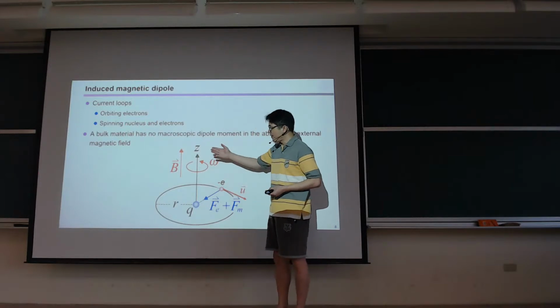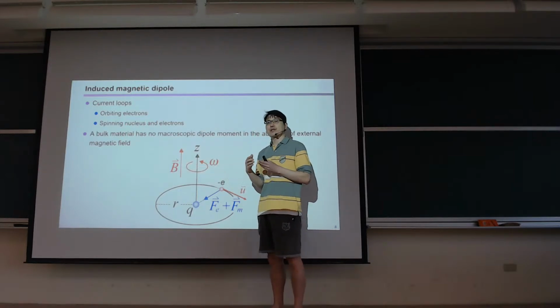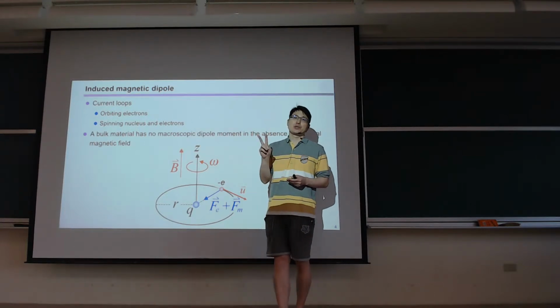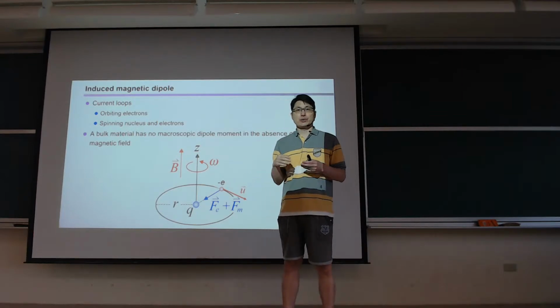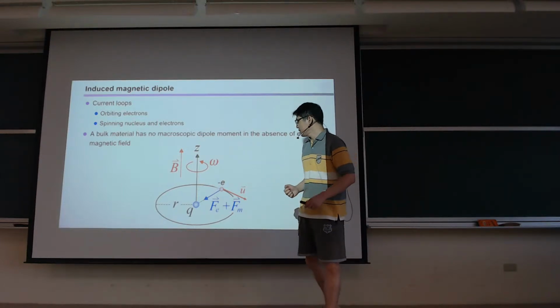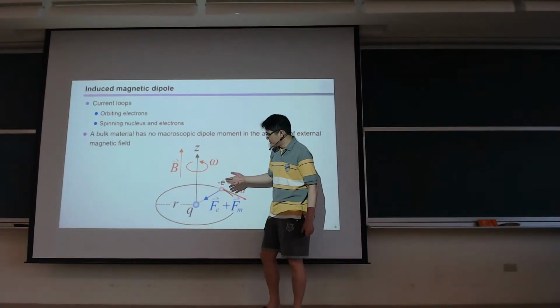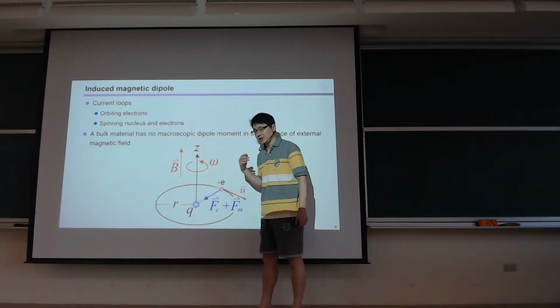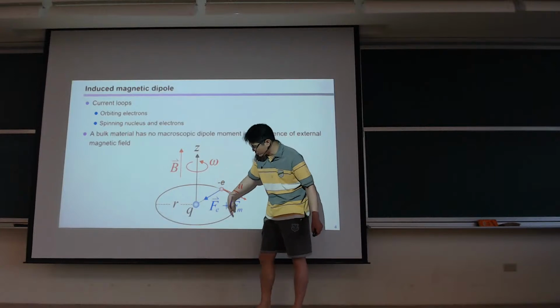Or if that external field forces the nucleus to spin by itself, these are the two potential ways to induce magnetic dipole moments, right?